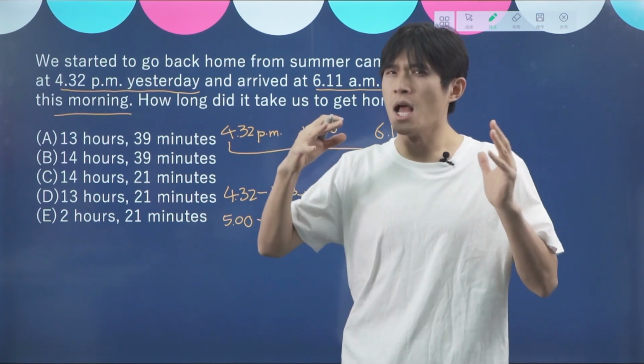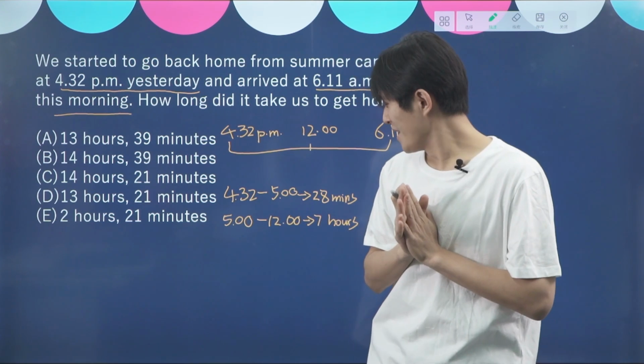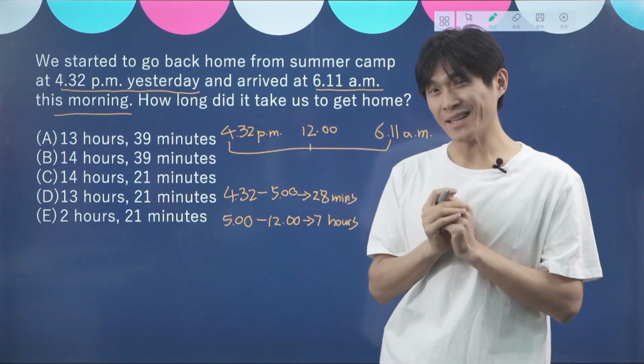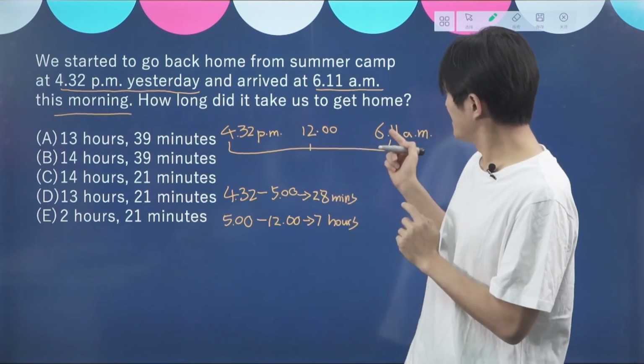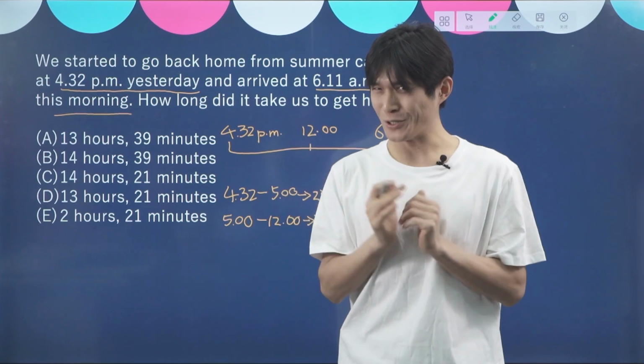Now, what is the whole duration? We simply add them up. So, 7 hours and 28 minutes plus 6 hours and 11 minutes. How should we do it?